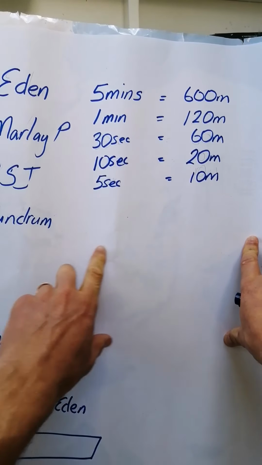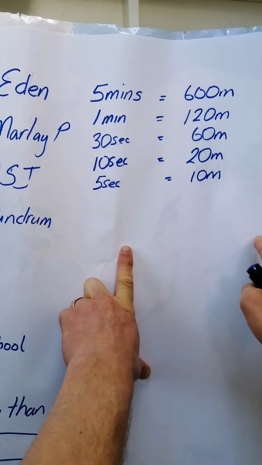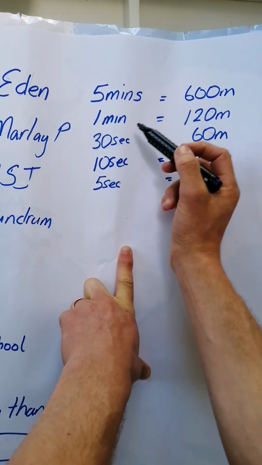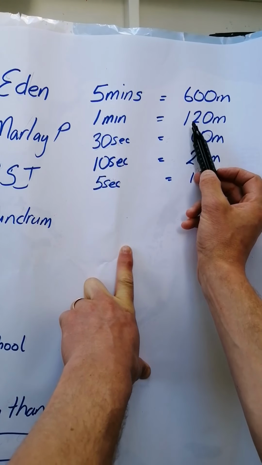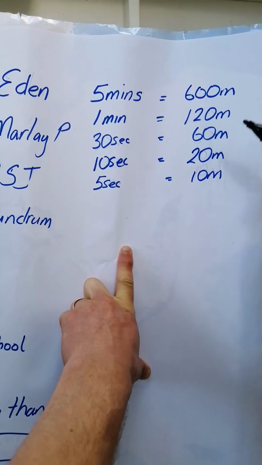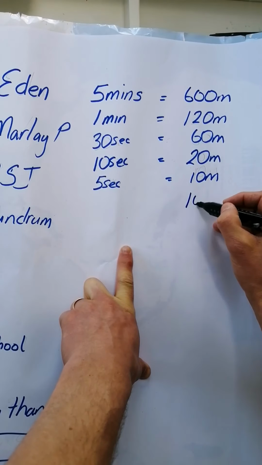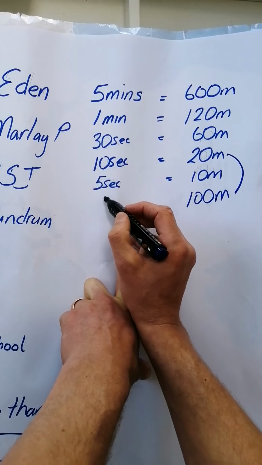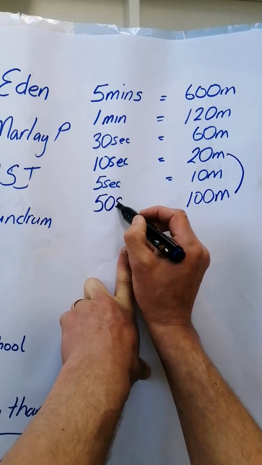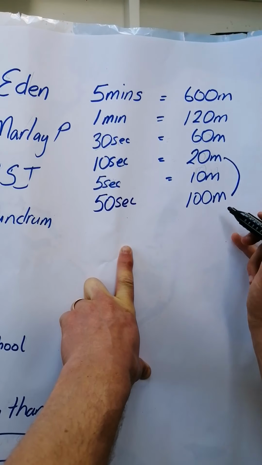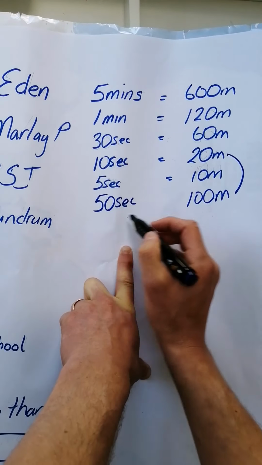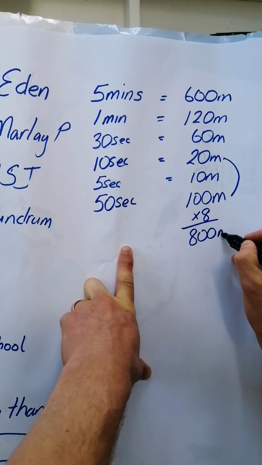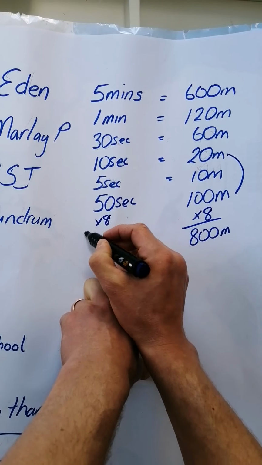Okay, so I have to find out what 850 meters is. If I find out what 100 meters is, this is getting 5 times bigger, so this gets 5 times bigger. If I multiply that by 8, I get 800 meters, and that by 8.